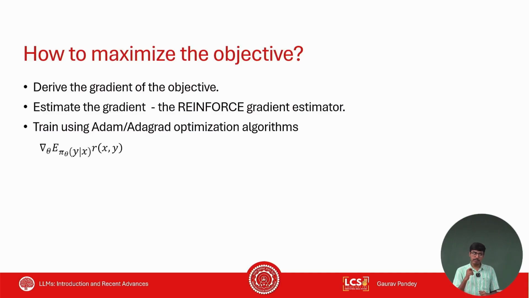Once we can get the gradient of the objective that we are trying to maximize, we can use any gradient-based optimization algorithm. If you take Adam, AdaGrad, SGD, all they need is your gradient per batch, and once you give them the gradient per batch, you can just run these optimization algorithms, and they will update the weights, and you can keep on doing that, and your training will be done. So all you need is how to compute the gradient.